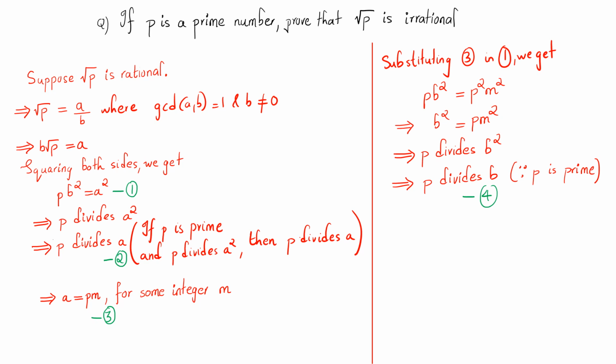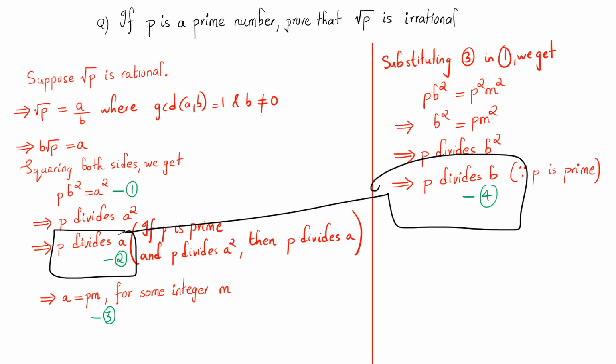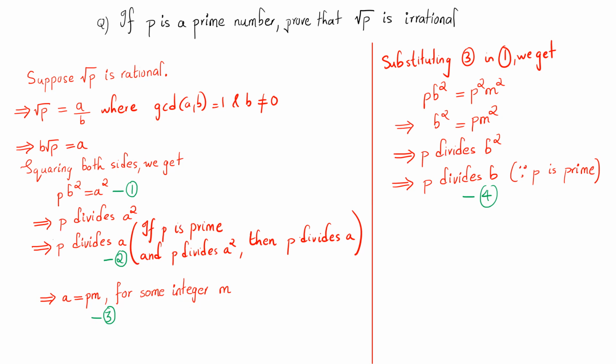Now, if you look at statement number 2 and statement number 4, what do you notice? Statement number 2 says p divides a. Statement number 4 says p divides b. But have you noticed something over here? The highest common factor, this basically says that HCF of a, b is equal to 1, same language.